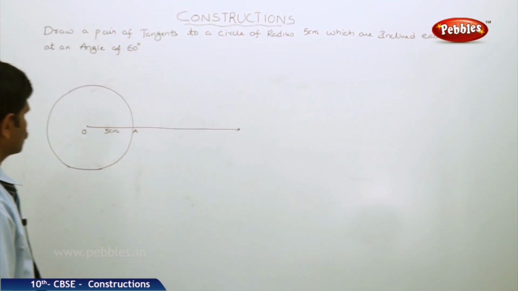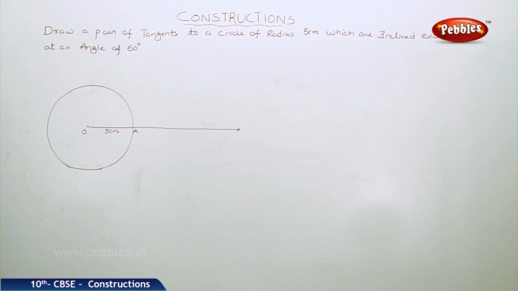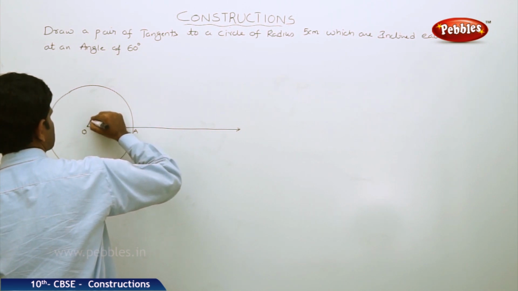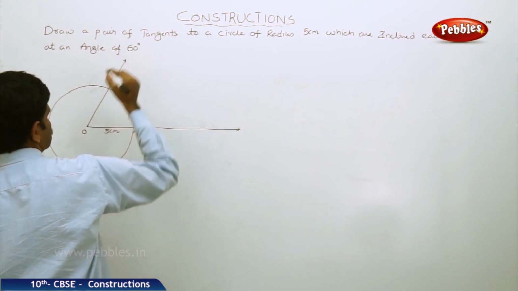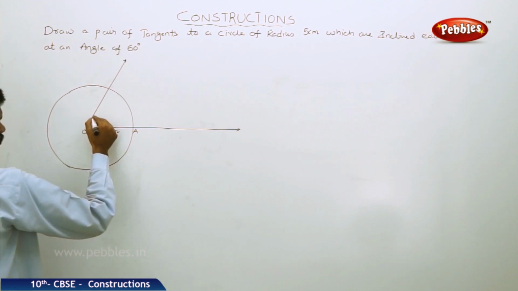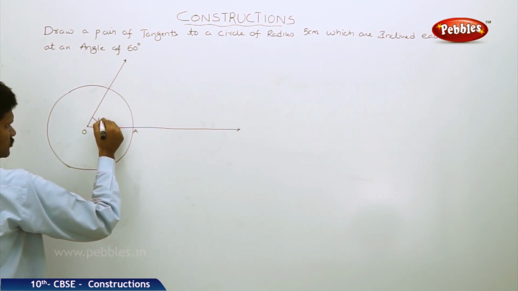Now, using your protractor, place your protractor at the position of O and construct an angle of 60 degrees. That is, your angle is 60 degrees.